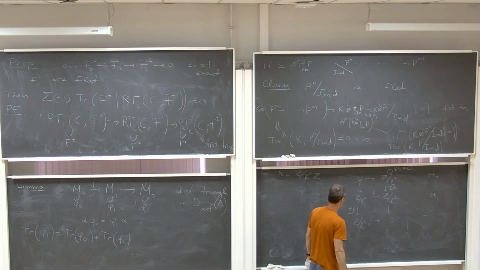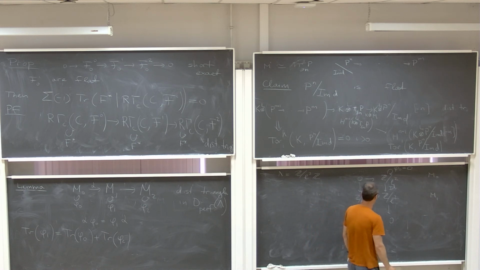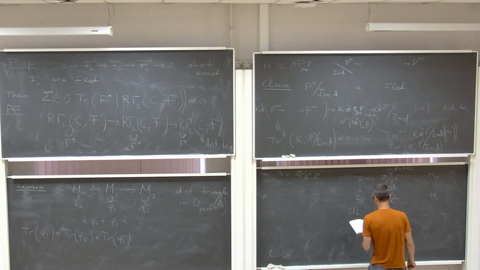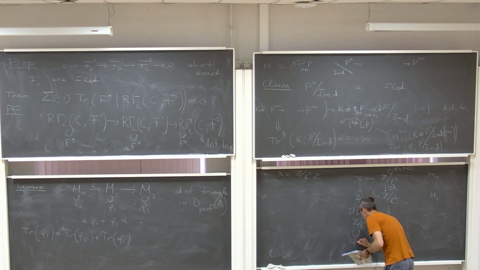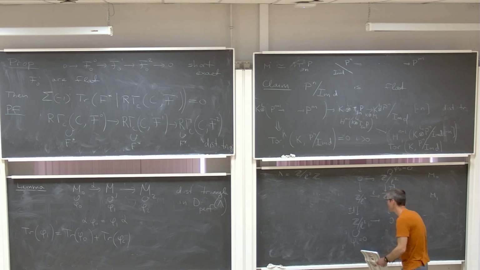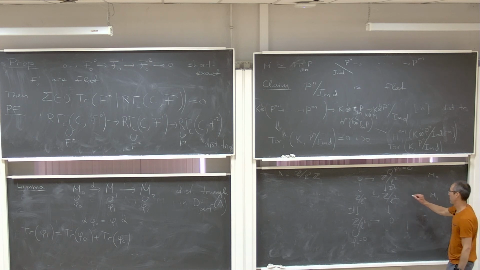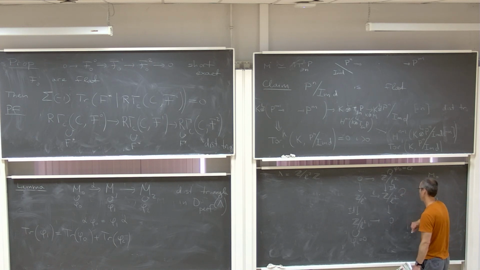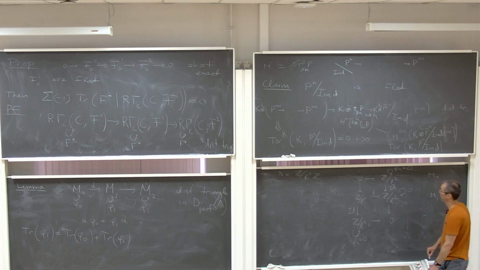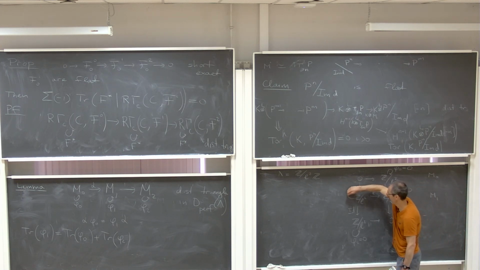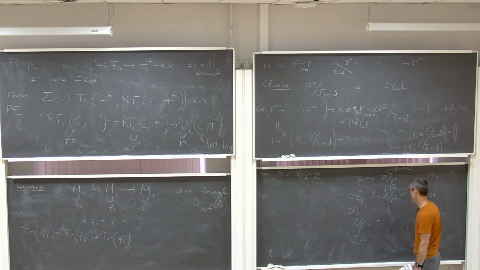Here phi2 will also be 0. And here I need something non-zero, right? So let's put L here, multiplication by L. And I claim that that's a commutative diagram.